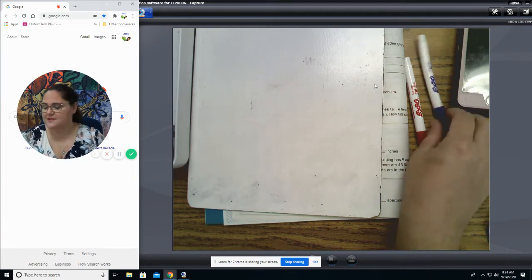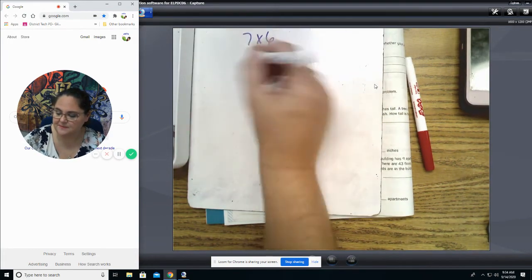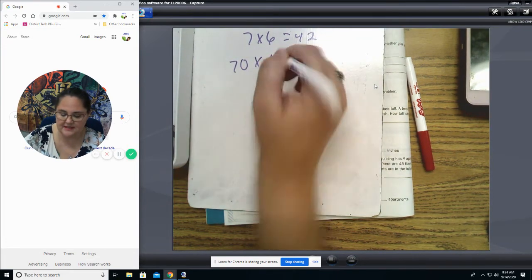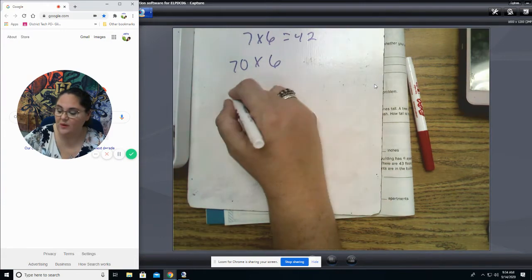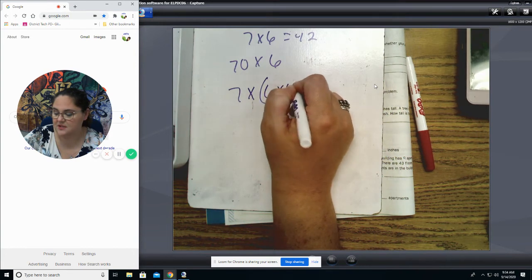Now, one of the things we worked on last week is using expanded facts. So 7 times 6 is 42. What's 70 times 6? What is 7 times 6 times 10 to the first?